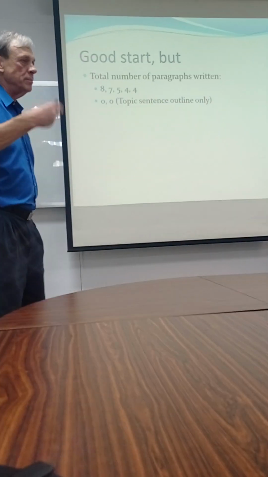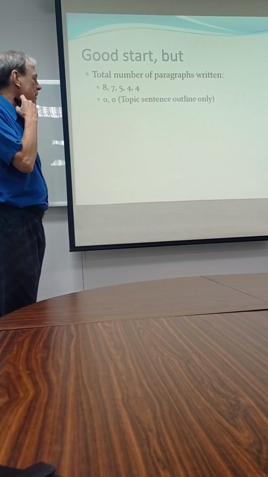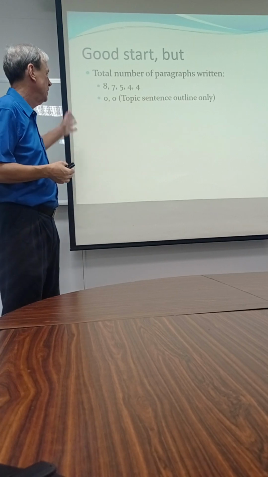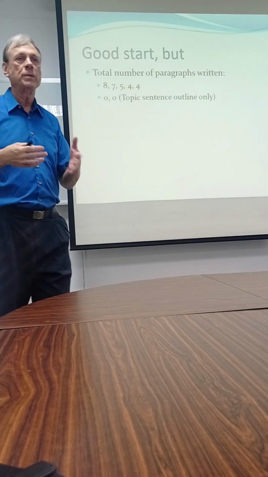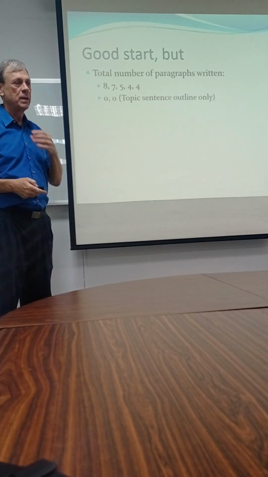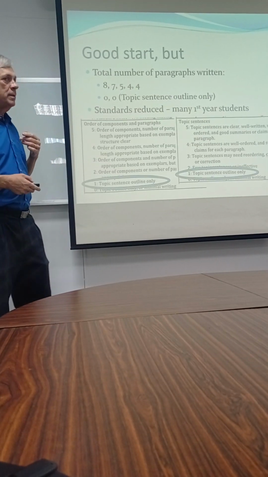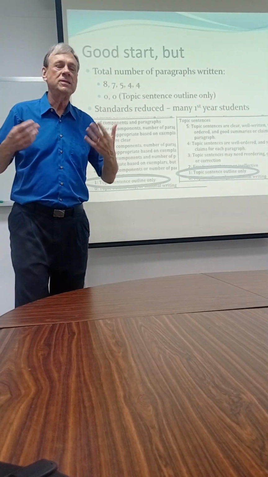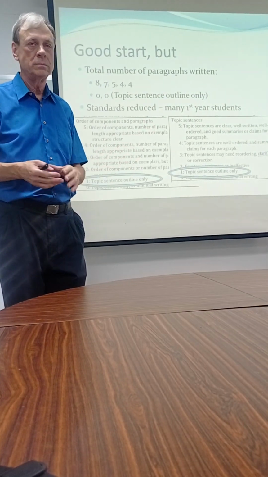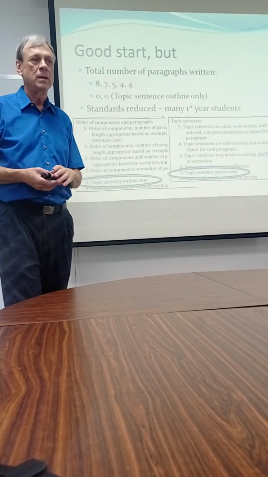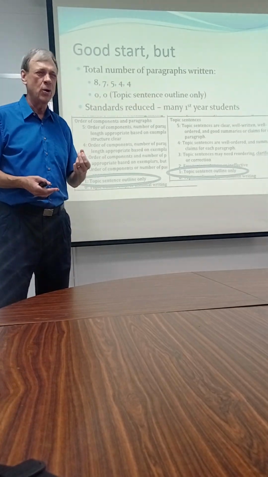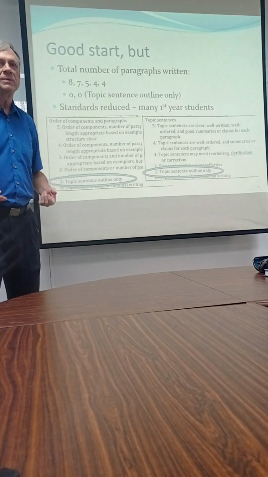Okay, a little more specifically, how many paragraphs? People had between 4 and 8 paragraphs. There were 2 people that only got as far as the topic sentence outline. This is an advanced class, and in the past, everybody wrote complete introductions. Several of you are first-year students, and so I know it takes some time to get started.